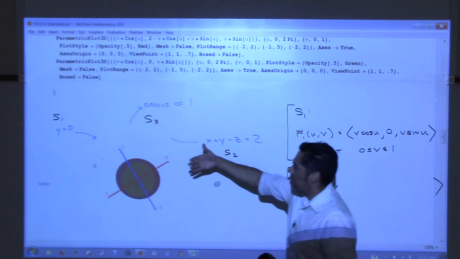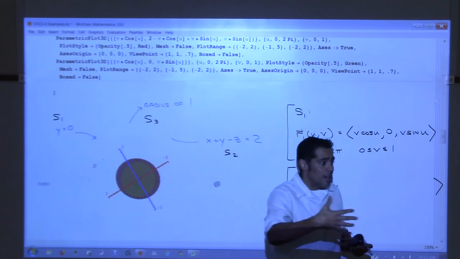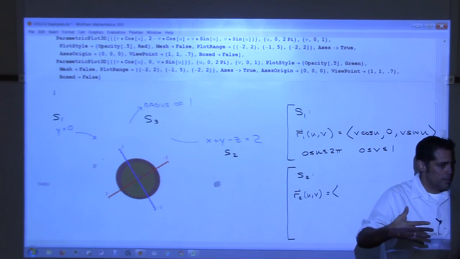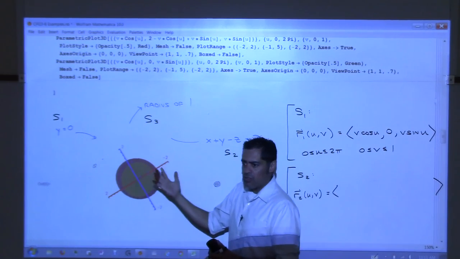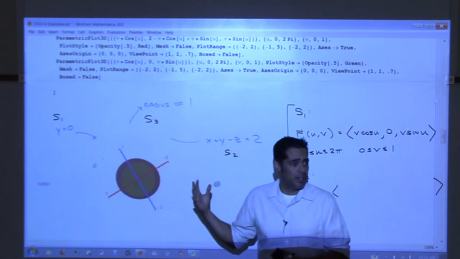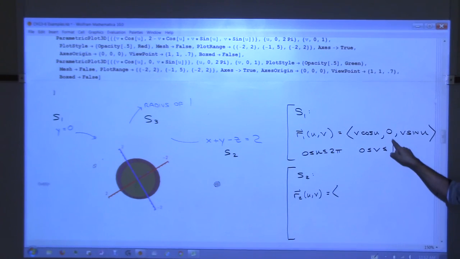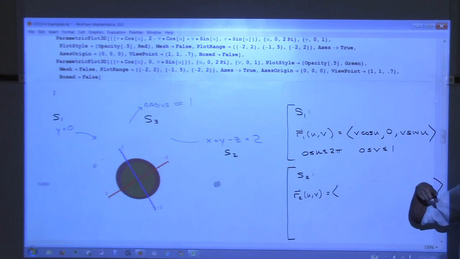Surface 1 in the back, the y-coordinate is stuck at 0, right? Yes? But on surface 2, the y-coordinate is actually varying, right? It's changing. And so this y that used to be 0 now needs to be something different. But in terms of the x and z, we still need to draw circles.